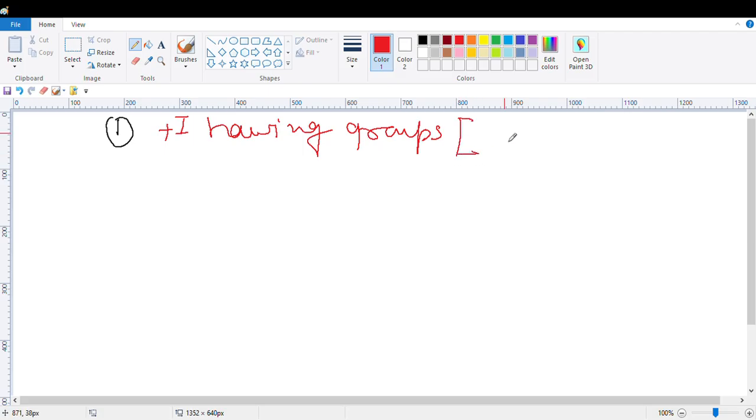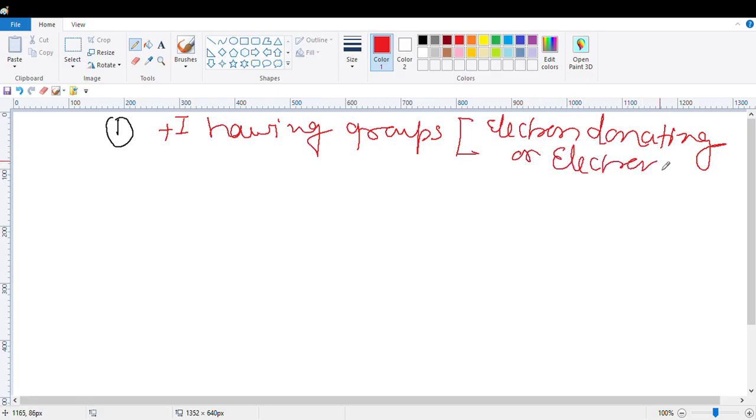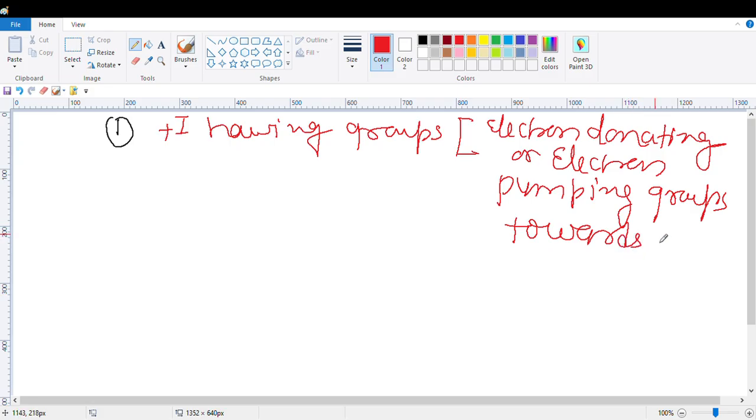This means electron donating or electron pumping groups towards a more electronegative atom.